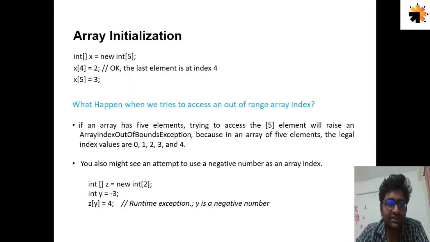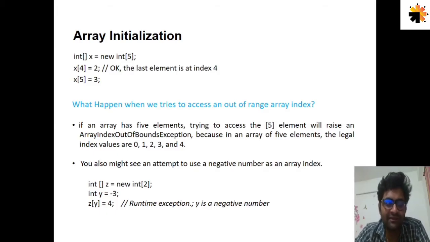So let's see the initialization part. Now int x equals new int of 5, you can see. Here we are constructing an array of size 5, right? So x is an array of size 5. It begins with index 0 and ends at index 4. So it will be consecutive: 0, 1, 2, 3, 4.